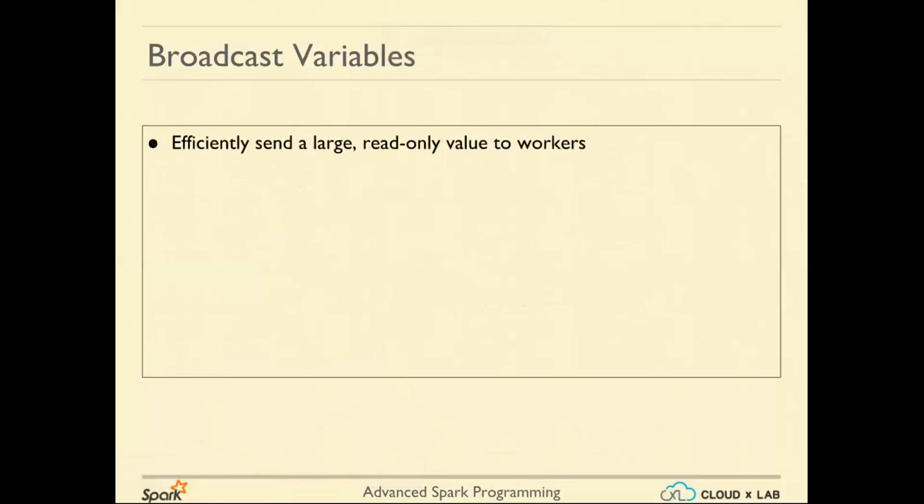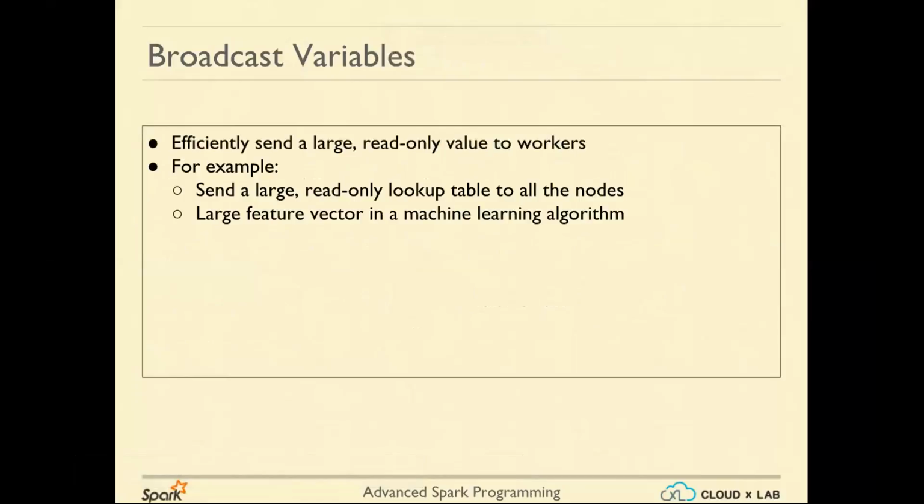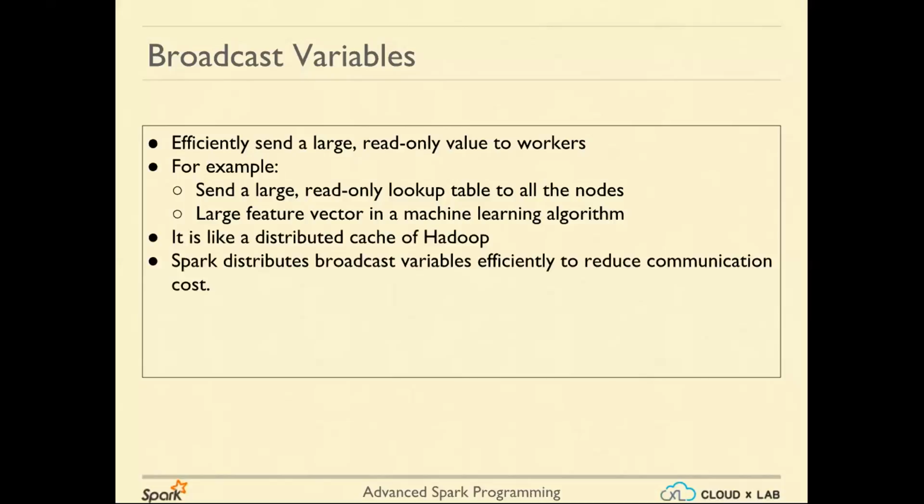So broadcast variables are used to efficiently send a large read-only value to all the workers. For example, we want to send the lookup table to all the nodes. Or a large feature vector: let's say you trained a machine learning algorithm and you want to send the machine learning model, or maybe a large feature vector, to all the machines, then you can use a broadcast variable.